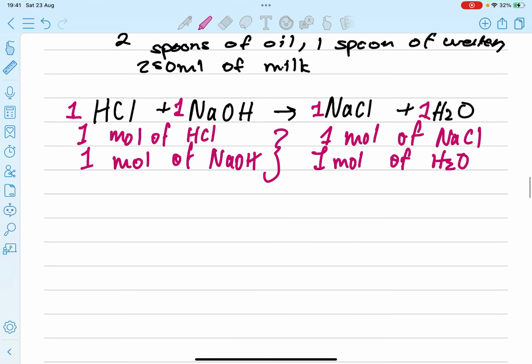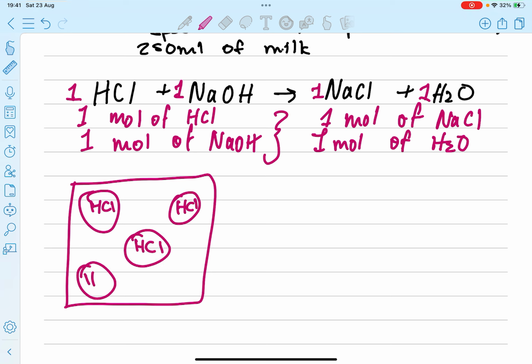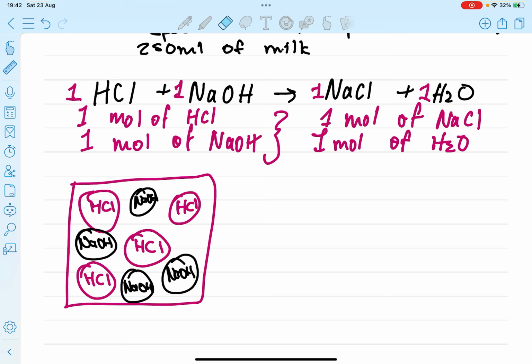Now I want to show you in the form of a picture. Let's say in here we've got HCl. I'm going to draw a couple of moles of HCl, and then we've got some sodium hydroxide. So what this recipe tells us is that in this type of reaction, 1 mole of sodium hydroxide and 1 mole of HCl, what is that going to form?